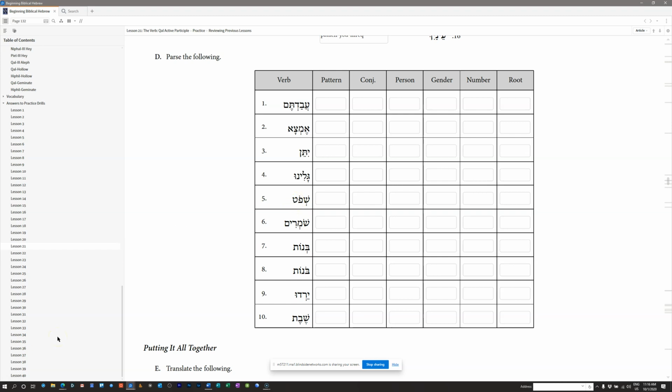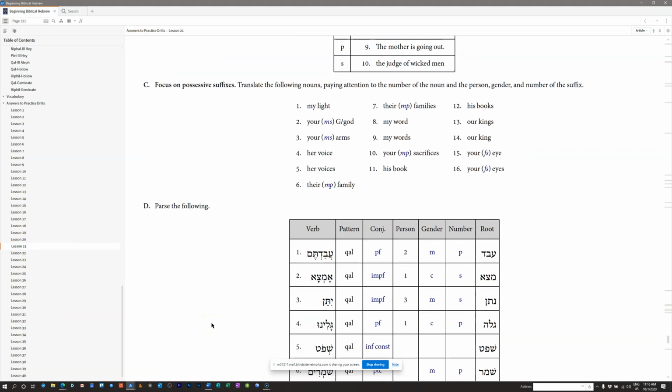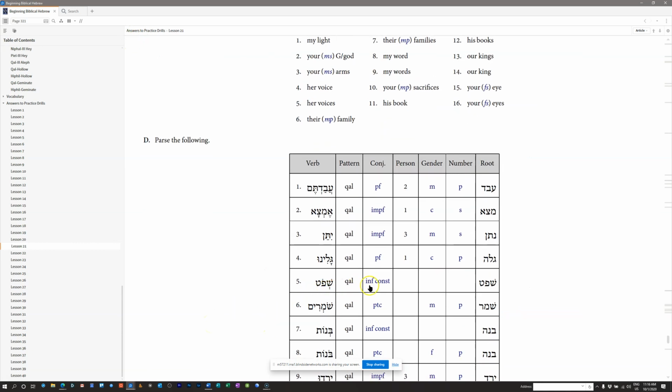So let's take a look. 21D, number 5. Yeah, he's saying it's just infinitive construct, so I'm wondering what the imperative... maybe the imperative would just be a patach here.